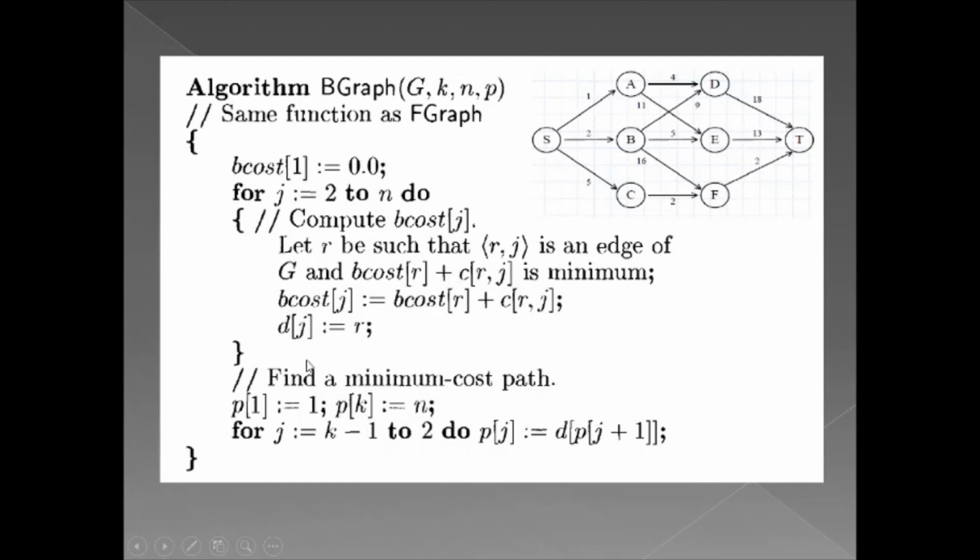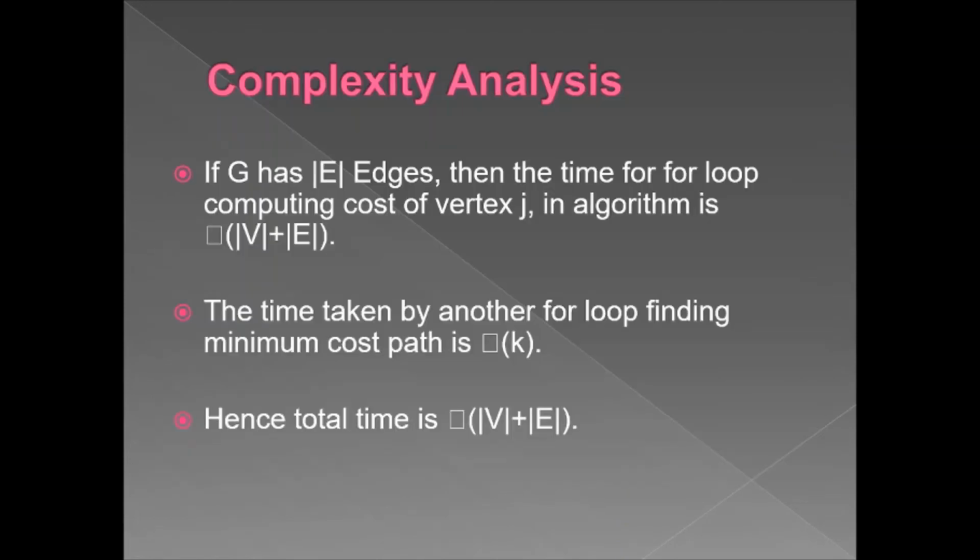Again the cost is found, and for the minimum path, we look for the edges in the next stage and assign them to the minimum cost path. So this is the algorithm for the dynamic programming approach of the multi-stage graph using the backward approach.